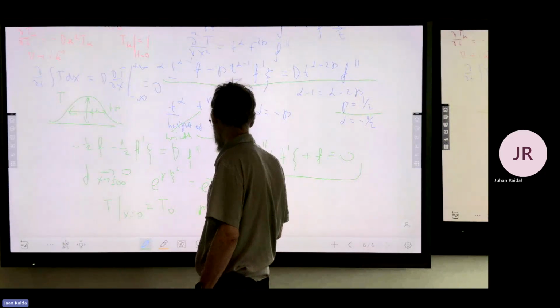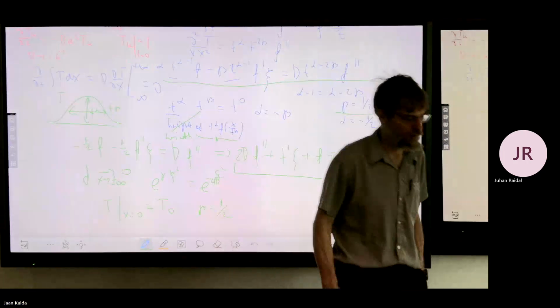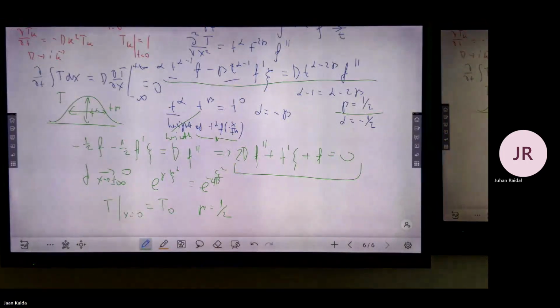But what is alpha now? Zero. Yes. Because, as I said, beta defines how the width behaves.